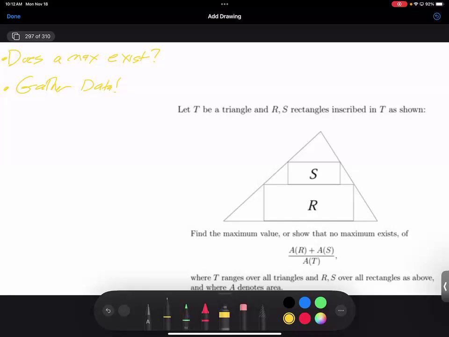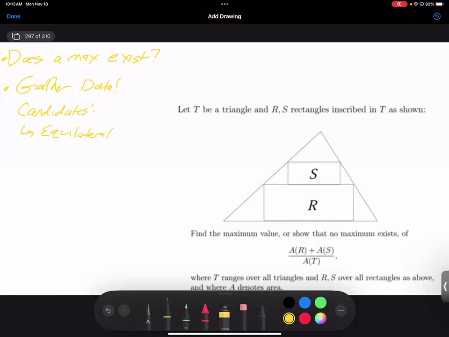What should you choose for the initial triangle T? Equilateral. So candidates: equilateral. It is hard to argue against equilateral, right? This is the triangle with the most symmetries.